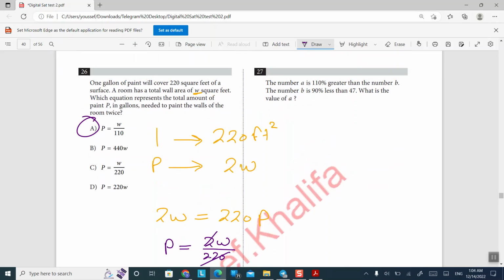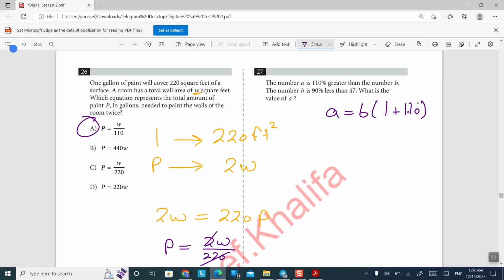The last question in our module says that the number A is 110% greater than the number B. So A is equal to B plus... no, I mean only 10%.